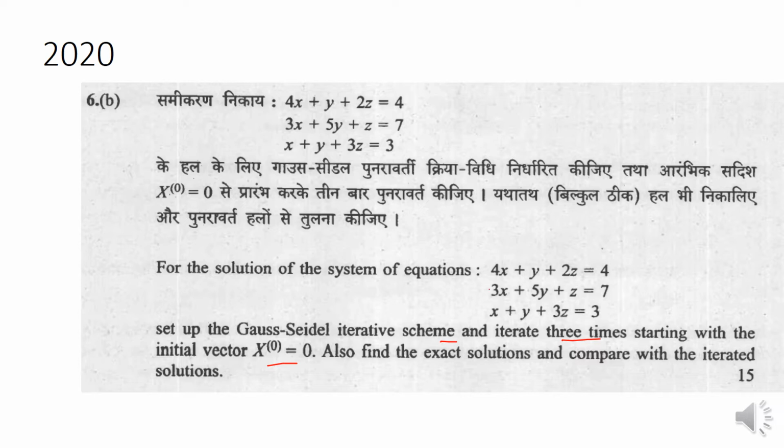So first we will check whether the system is diagonally dominant or not. So here we see 4 is greater than 1 plus 1.